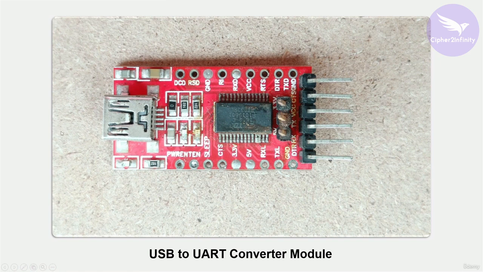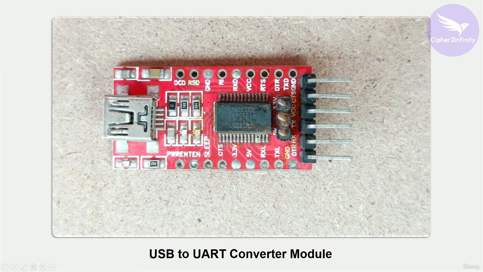And if you are sending some data from the computer to the microcontroller, then again this IC takes that data from the USB interface, converts it, and makes it compatible for the UART interface. I hope this point is now clear to you, and that's the reason it is called a USB to UART converter.